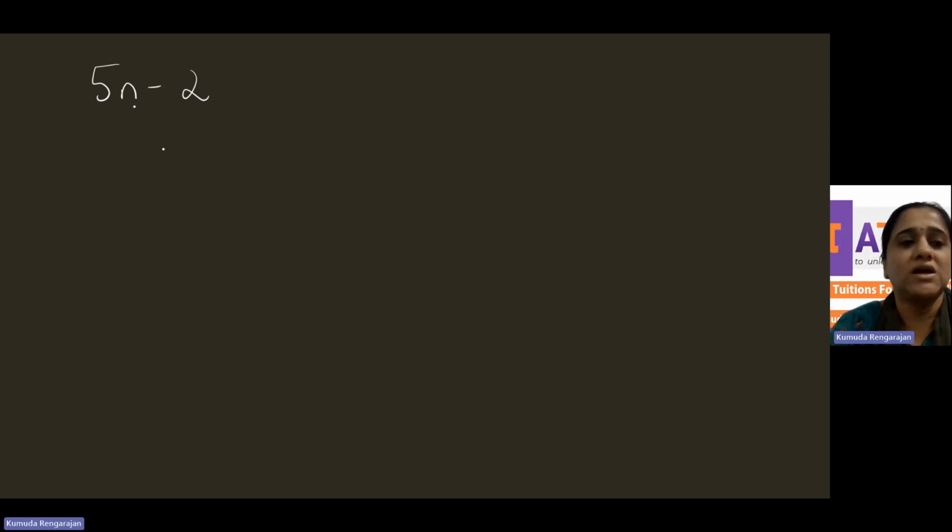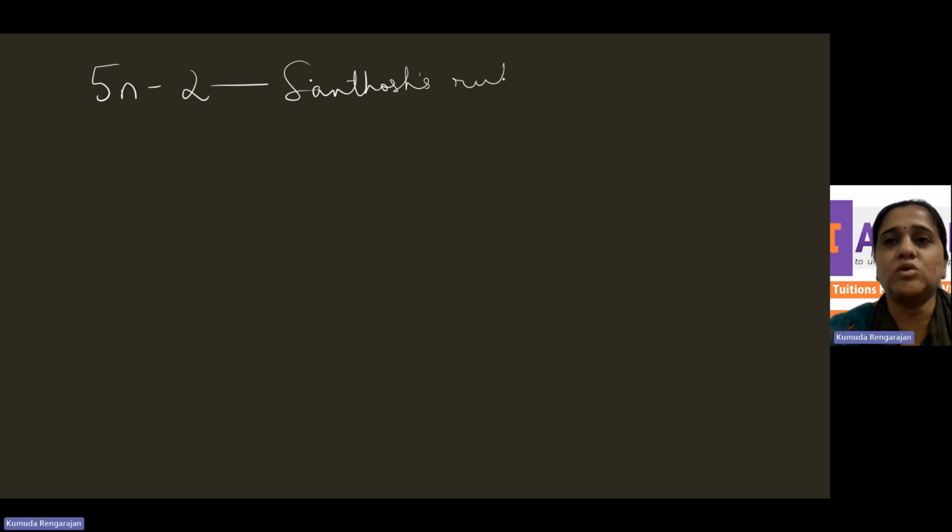Listen to Santosh. This is Santosh's rule, and he is going to generate the first 4 terms of the pattern using the rule 5n minus 2.